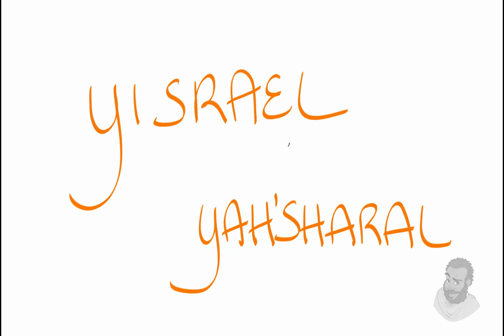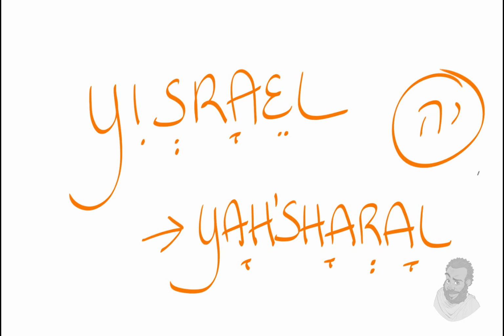This one, El, and then you have Yisra, right? So Yisrael, and then you have Yashar al. This, please make no mistake, because you see a yod in the beginning of a word does not make it this all the time, okay?